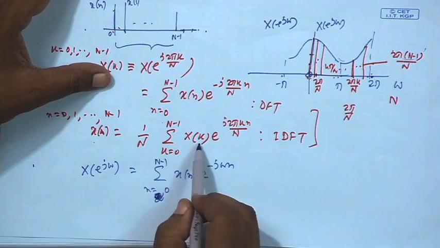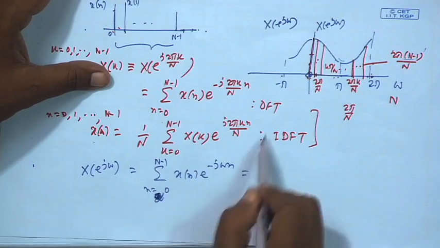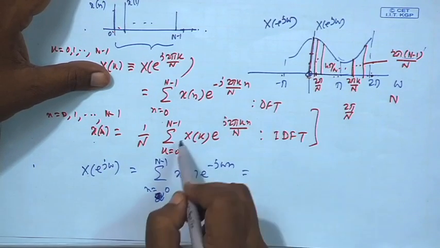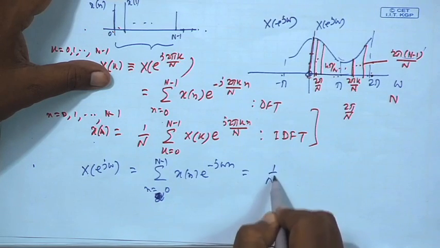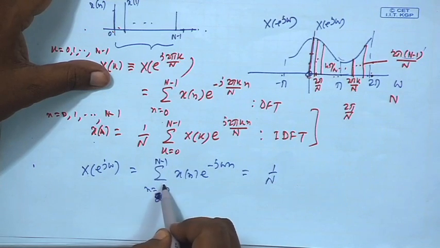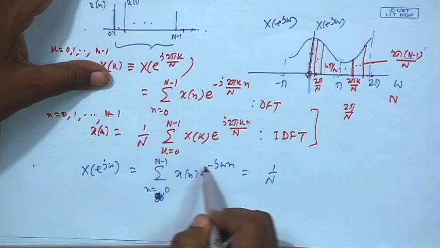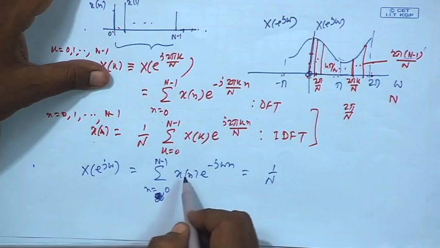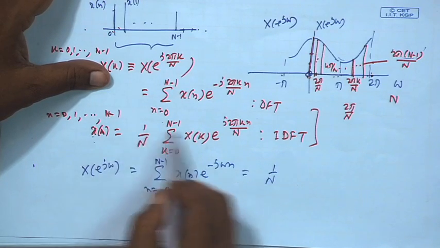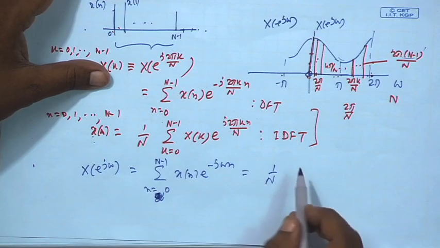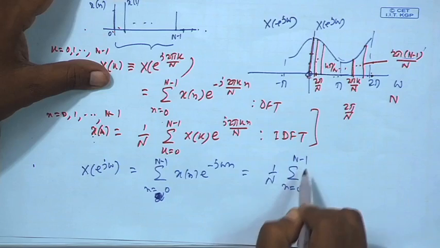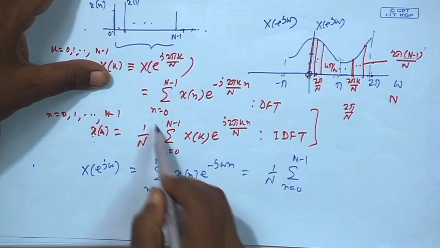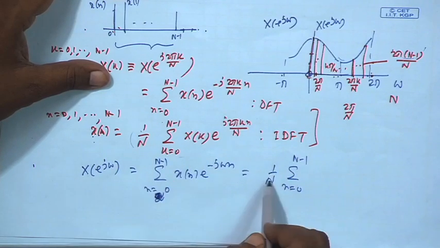But x[n] I can write in terms of these DTFT samples only, capital X[k]. So, if you bring that back here, 1 by N outer summation with respect to small n, inner summation, that is, the small x[n] you will replace by this entire summation. Okay. So, n equal to 0 to N minus 1, then x[n] will be replaced by this entire summation, 1 by capital N already taken out.